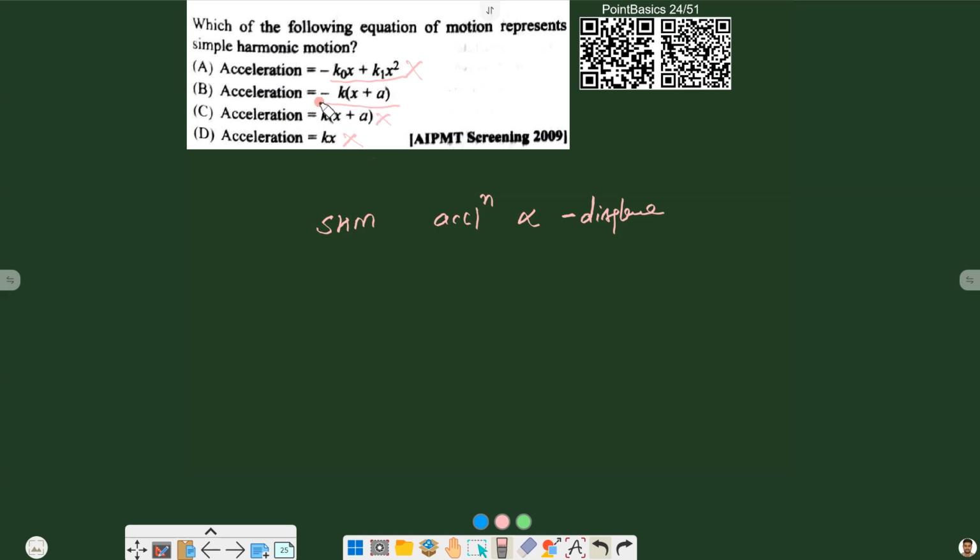Here we have acceleration proportional to negative times the displacement. Here a is a given constant, so you can easily ignore the constant. So this satisfies the condition that acceleration is proportional to the negative of displacement. So option B will be the right answer. Next question.